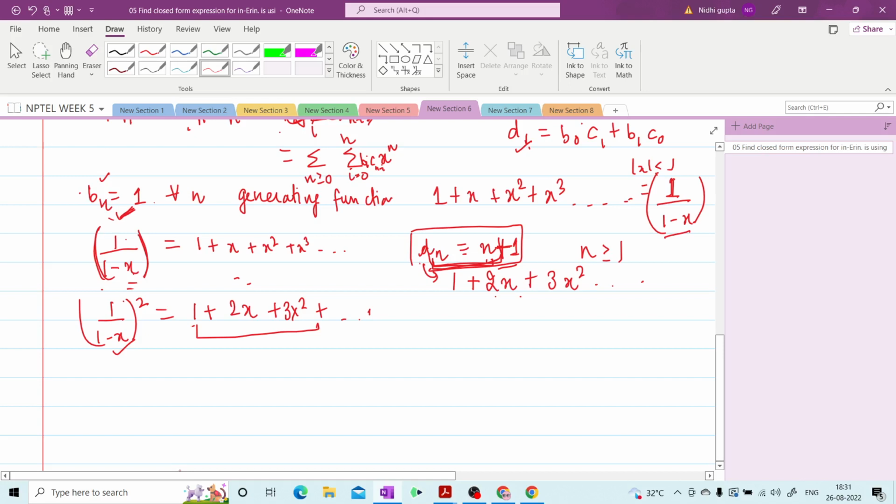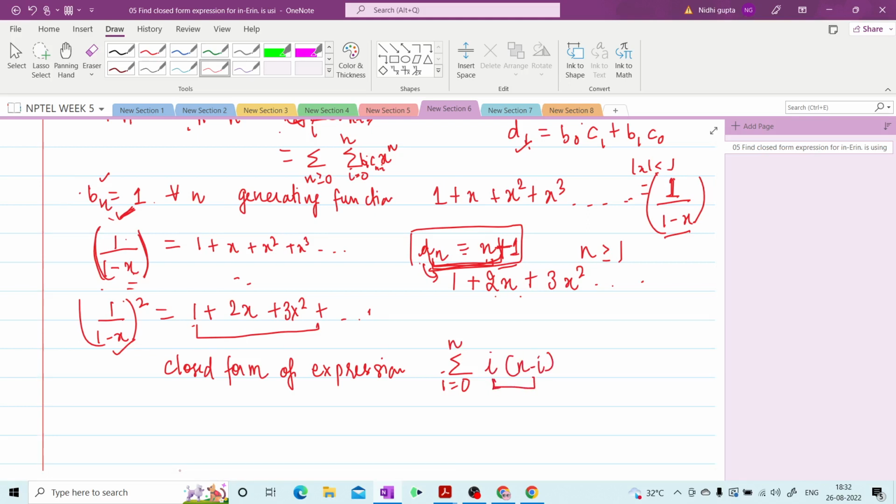Now why are we doing this? We want to find a closed form expression of this using generating functions, which is sigma i going from 0 to n of i times (n minus i). So we see there is a product involved.